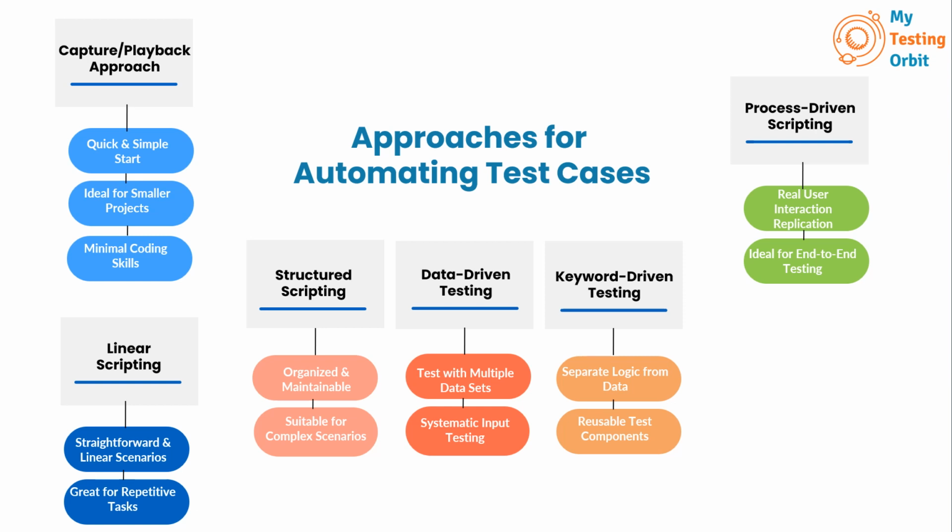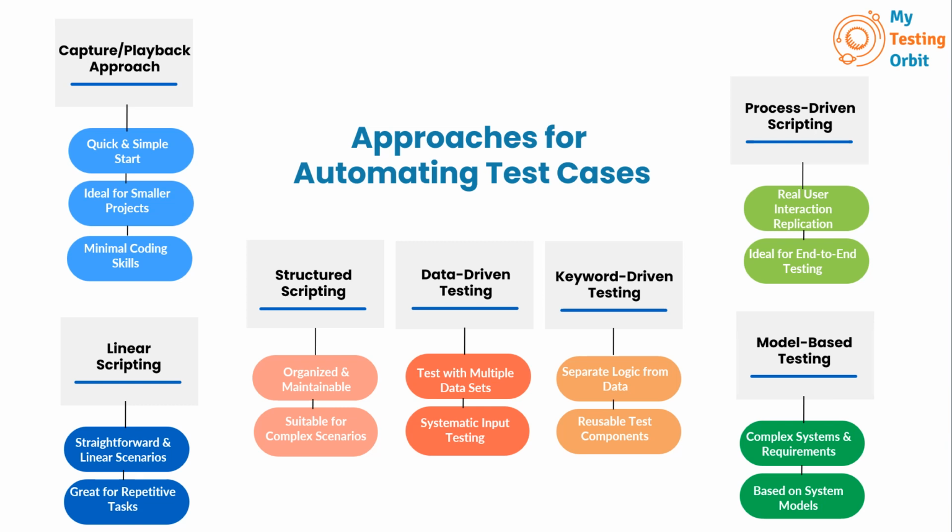In cases where your tests mimic real user interactions with complex workflows, process-driven scripting can accurately replicate those scenarios. It's ideal for end-to-end testing. And the last one, model-based testing. When you are dealing with complex systems or intricate requirements, model-based testing provides a structured way to create and execute tests which are based on system models. It's perfect for ensuring comprehensive coverage.